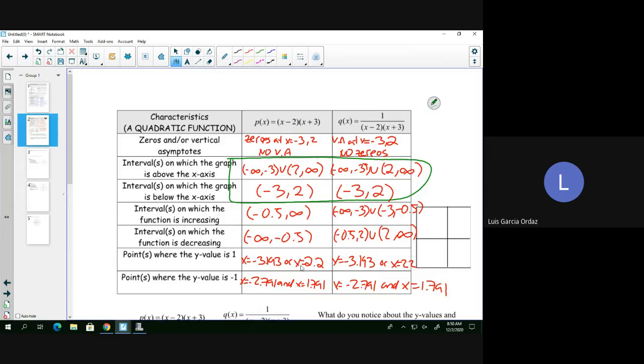For the reciprocal, the increasing is negative infinity to negative 0.5, forgetting about the asymptote. But the decreasing in the parent is negative infinity to negative 0.5. Not the same, but they're just the opposite of each other. So whatever is increasing in the parent function is decreasing in the reciprocal, and whatever is increasing in the reciprocal is decreasing in the parent function.